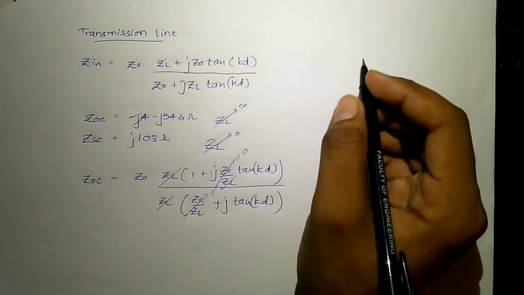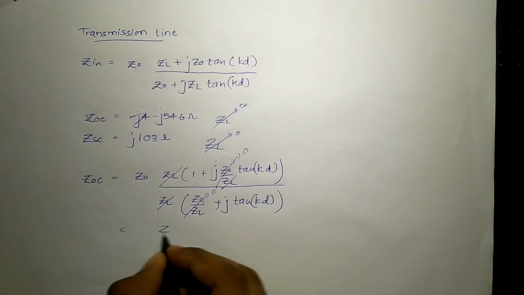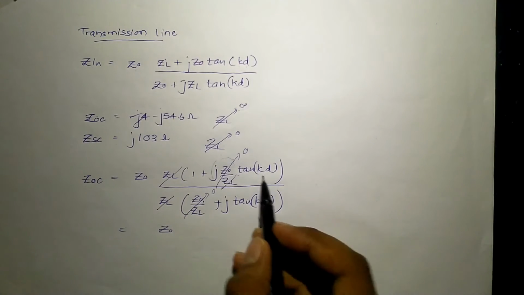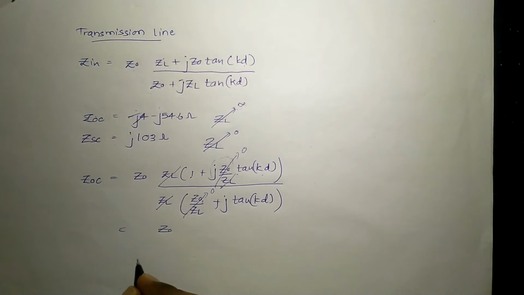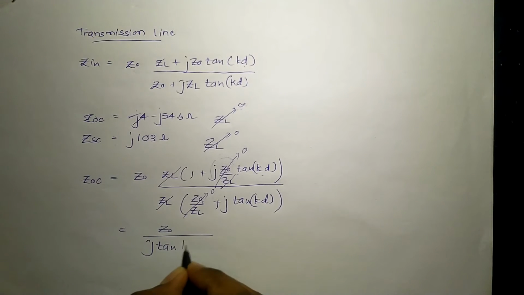The remaining is Z0 over j tan KD. Here is the open circuit impedance.